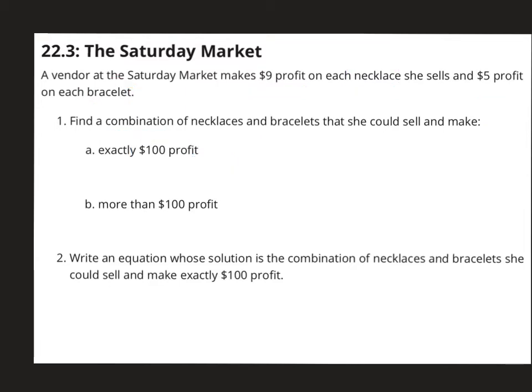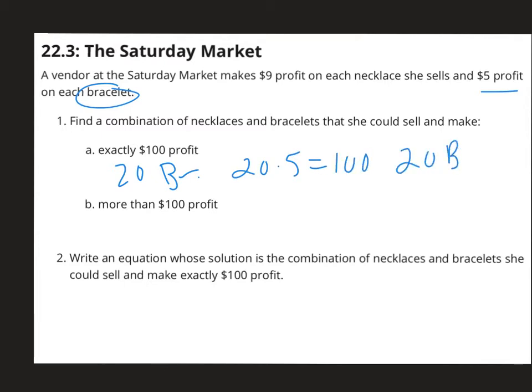Is that the only combination? No. You could just have the vendor sell just bracelets. At $5 a pop, 20 bracelets. 20 times 5 would give you $100. So 20 bracelets and no necklaces would give you exactly $100. What if you wanted to make more than $100 profit? There's a bazillion combinations we could do there.